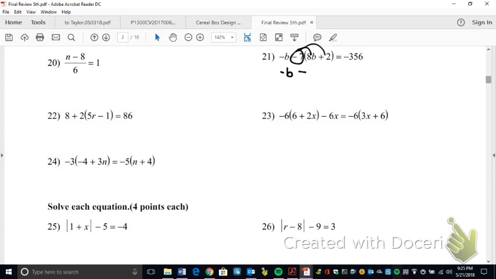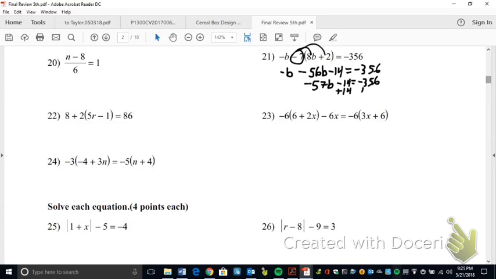So here we want to start off by distributing that negative 7. So we get negative b minus 56b minus 14 equals negative 356. We're then going to combine the negative b and the negative 56b and get negative 57b minus 14 equals negative 356.